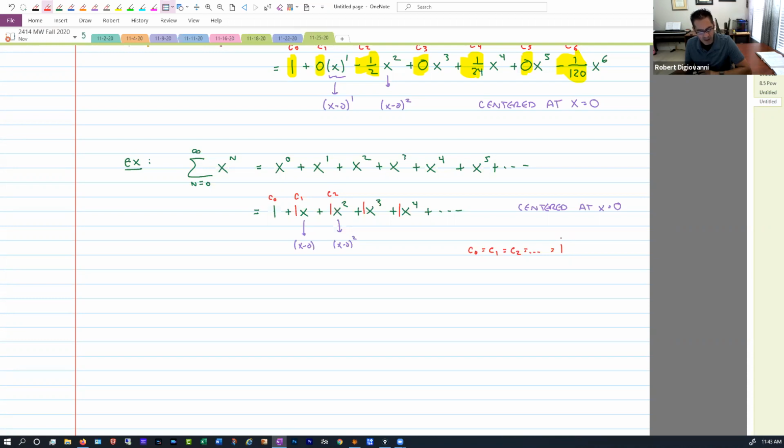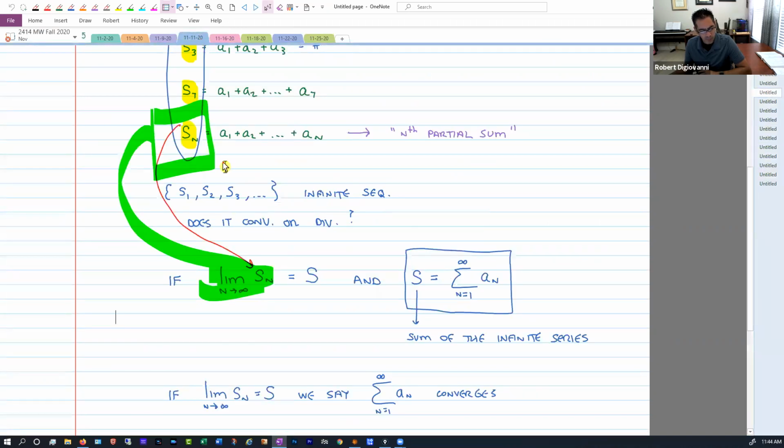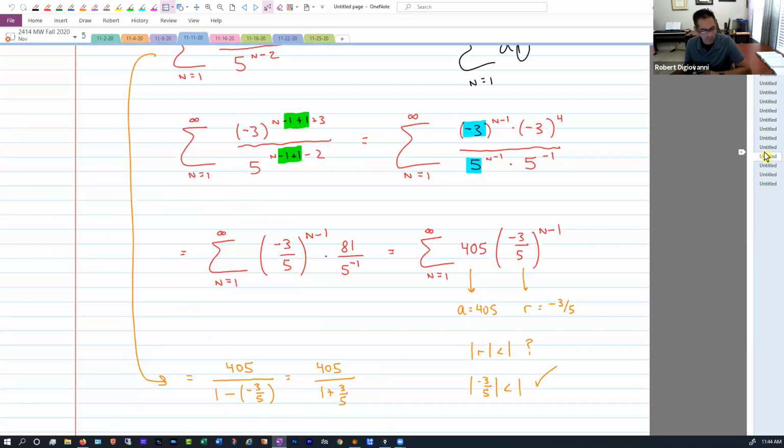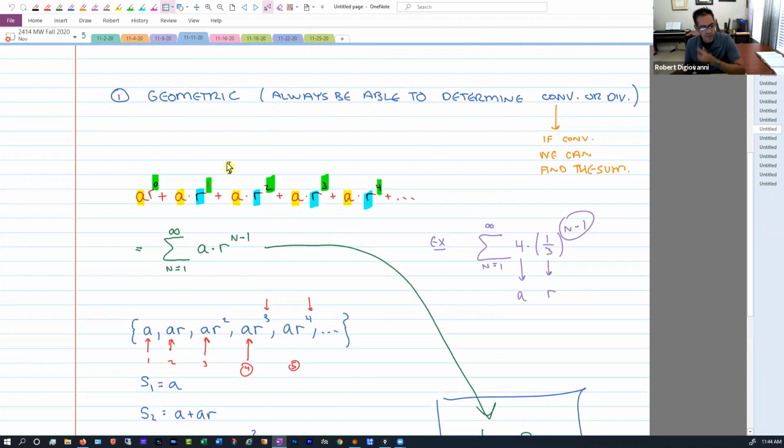That looks a lot like something we've seen before. Ah, there it is. Do you remember when we were talking about geometric series?